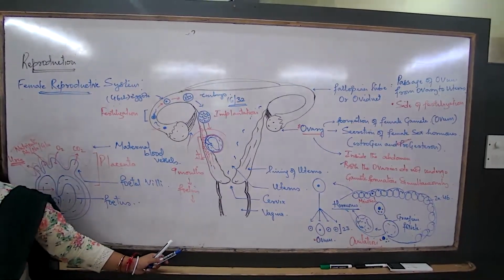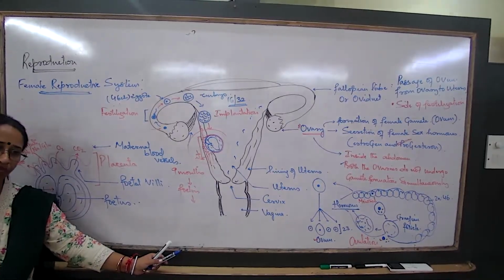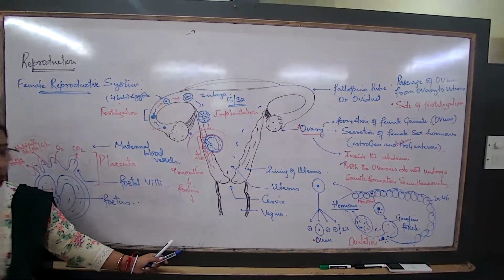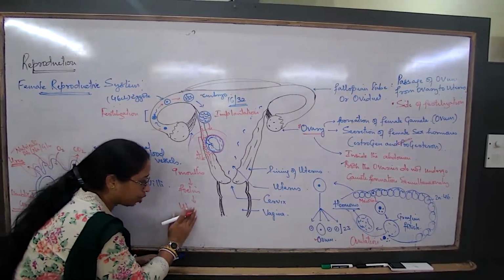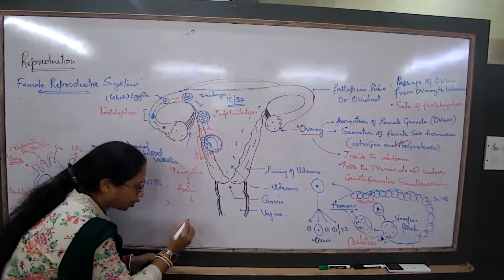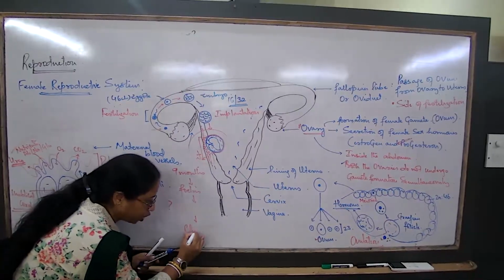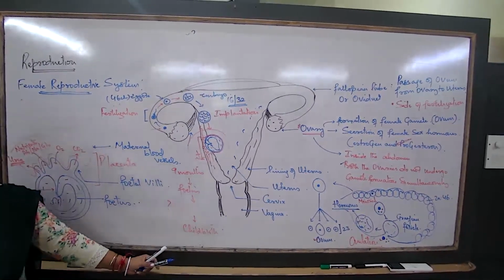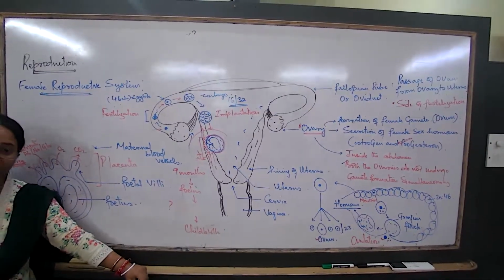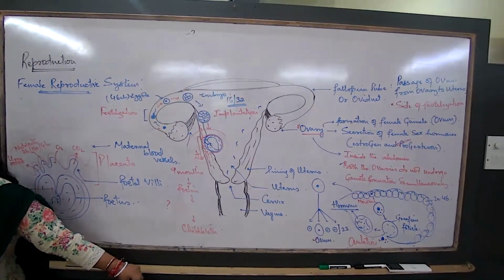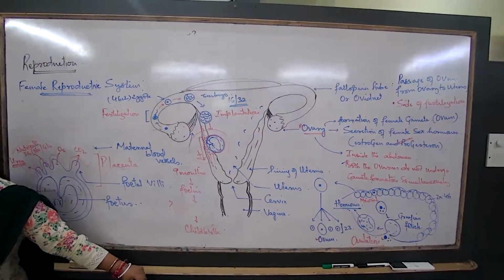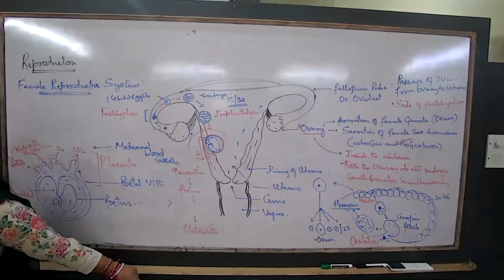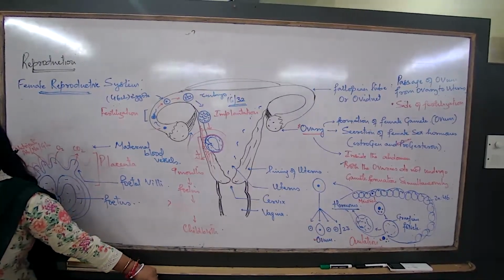Do you remember which was that hormone responsible for uterine contraction, which will help in childbirth? Not vasopressin. Which was that hormone released by the pituitary gland?